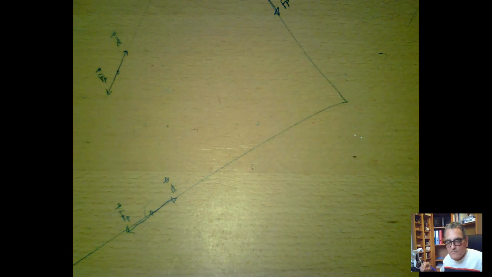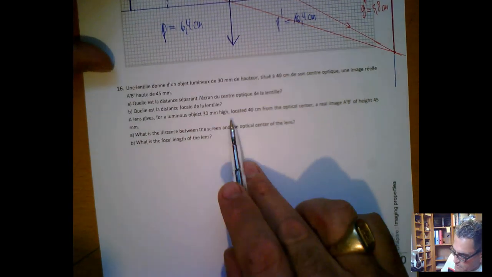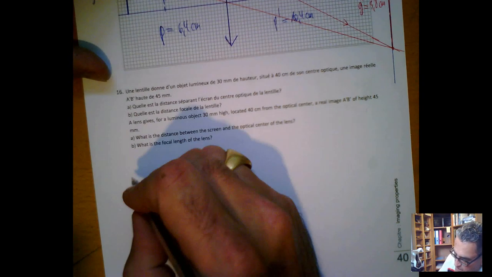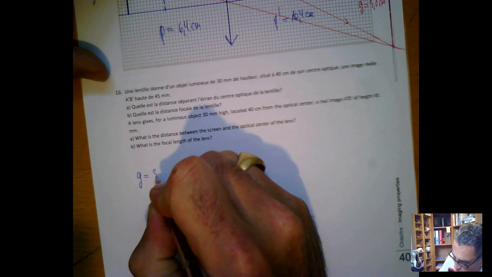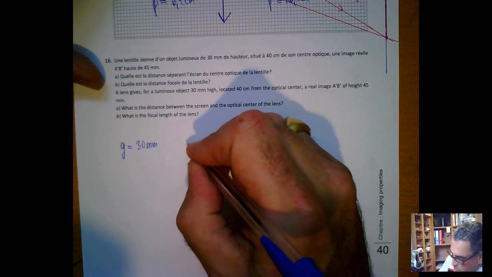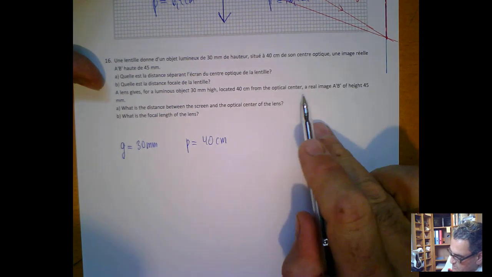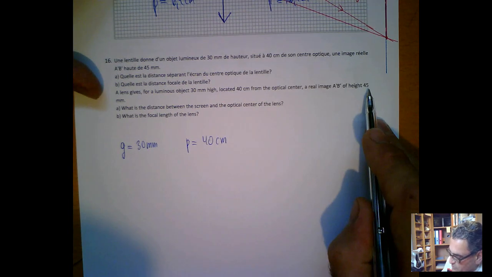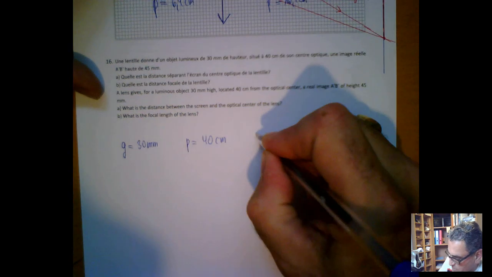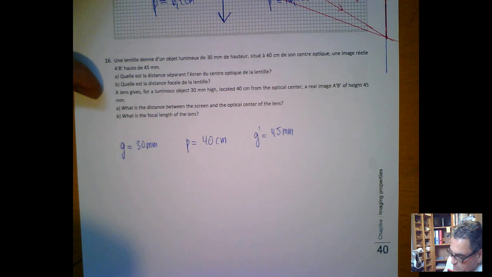Let's continue. If you're not tired yet, I would like to finish this today. A lens gives, for a luminous object of 30 millimeters height, so G is 30 millimeters, located 40 centimeters from the optical center, so P is 40 centimeters, a real image A prime B prime of 45 millimeters, so G prime is 45 millimeters.